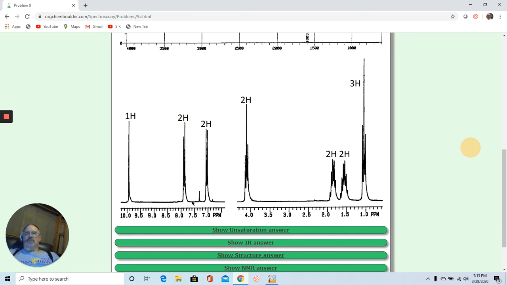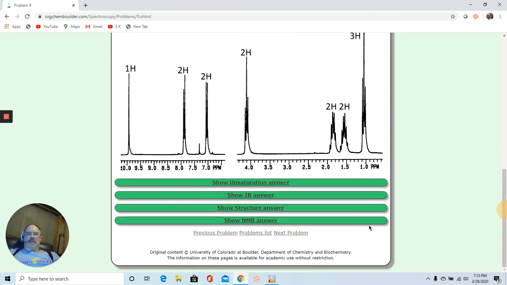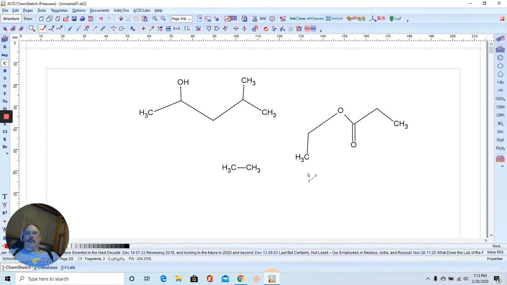These absorptions here between about 7 and 8 would also indicate a benzene ring, and it would be a disubstituted benzene ring. So let's go back to our drawing. We would have a benzene ring and an aldehyde.